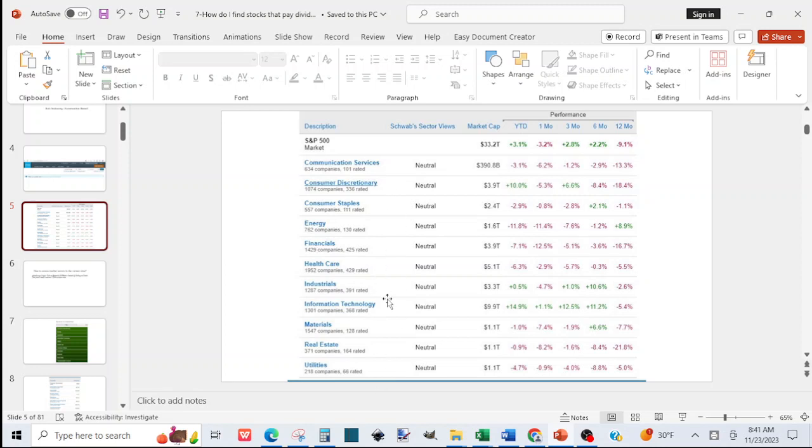If you find companies that meet your dividend income rate criteria and they are good stocks, they pass all the filters that we discussed.